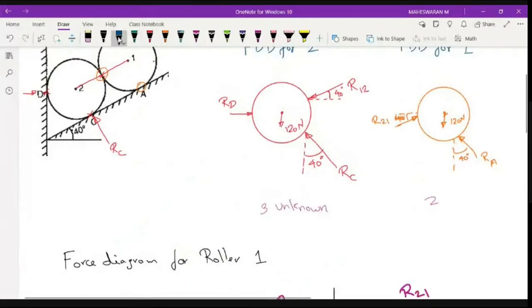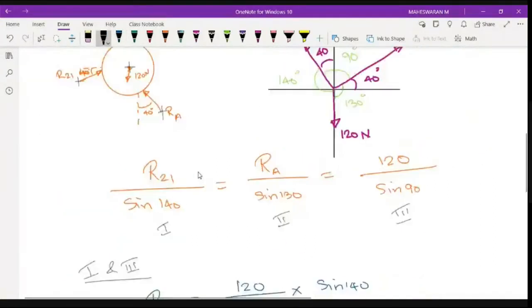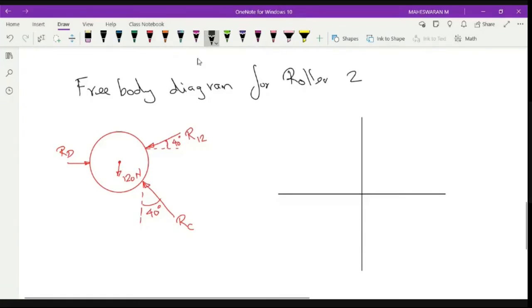So free body diagram for roller 2. Again, as I told you, you have to put a plus on the starting side of your force to identify its quadrant. Now 120 Newton is acting downwards.